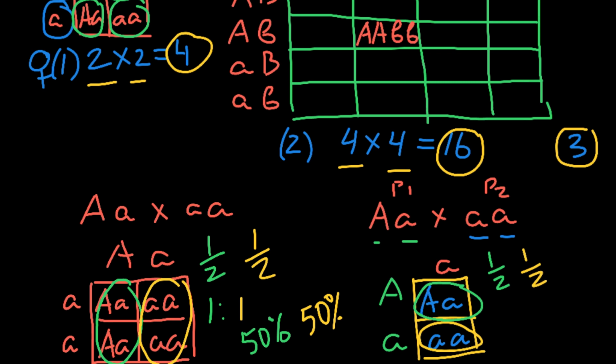This is the same ratio as 1 to 1, and the same as 50% to 50%. And as you see, this is absolutely the same as what we got here.